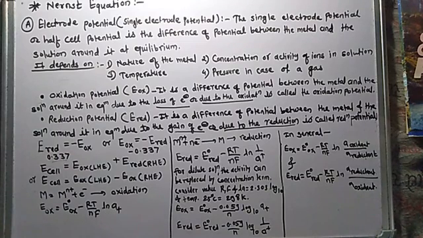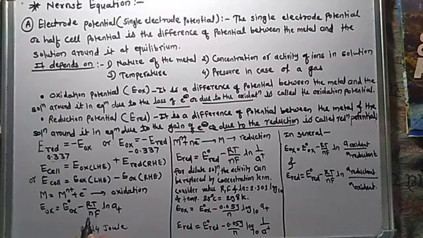In this equation we see some terms. E standard of oxidation is represented as the standard oxidation potential. R is represented as the gas constant, and its value is 8.314 joule.